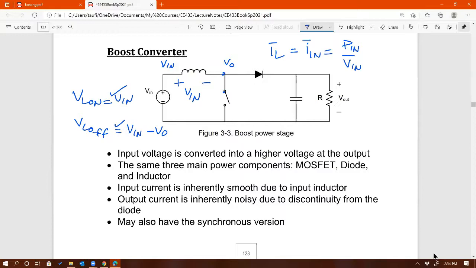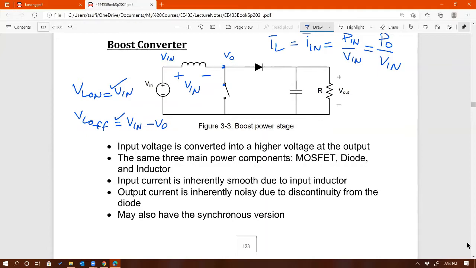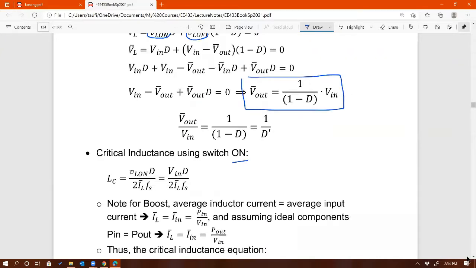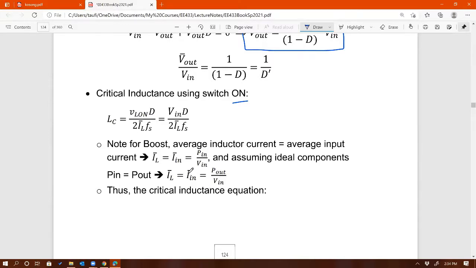If we assume ideal, with no losses, no forward drops, and no resistance, then P in must be equal to P out. So I in is equal to P out over V in. So IL average is equal to I in average, which is equal to P out over V in.